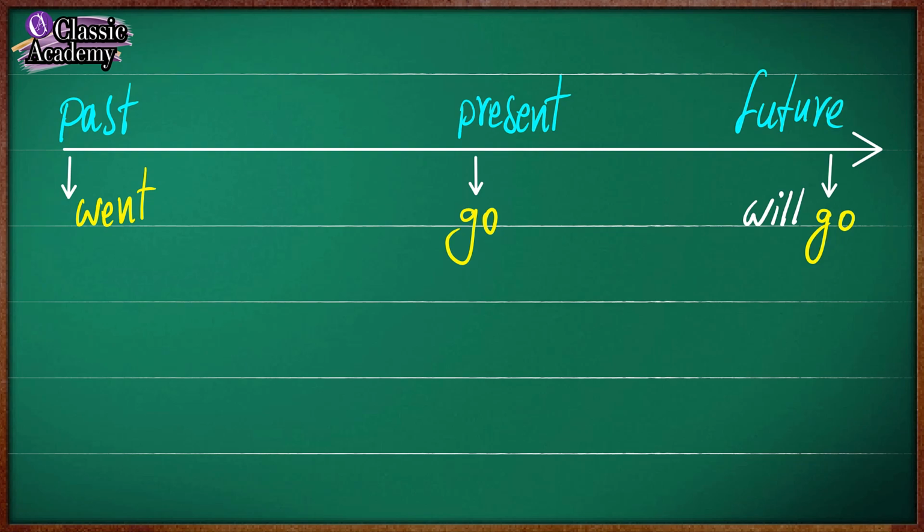Now, let me write some beautiful sentences. They went out at 4. Maybe they came back. Maybe not yet.